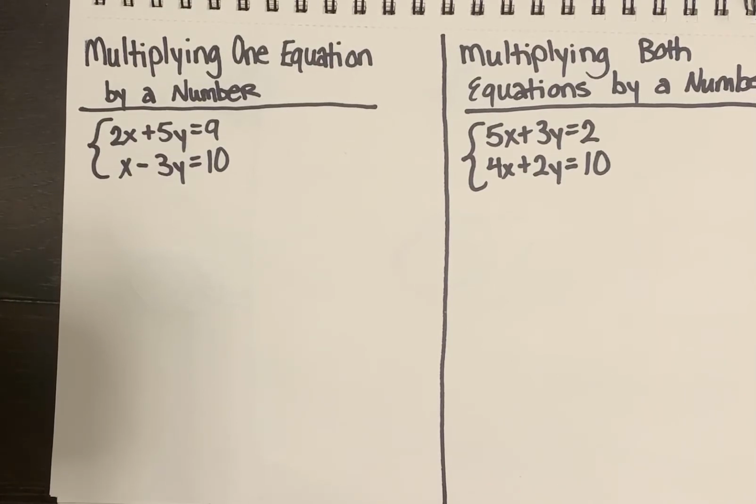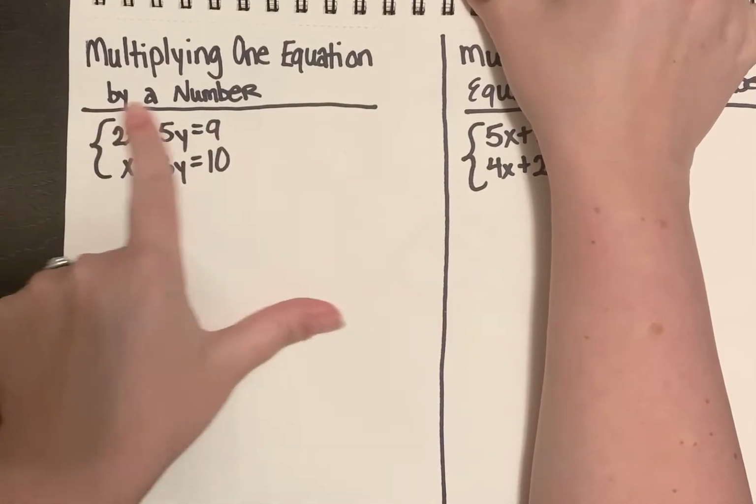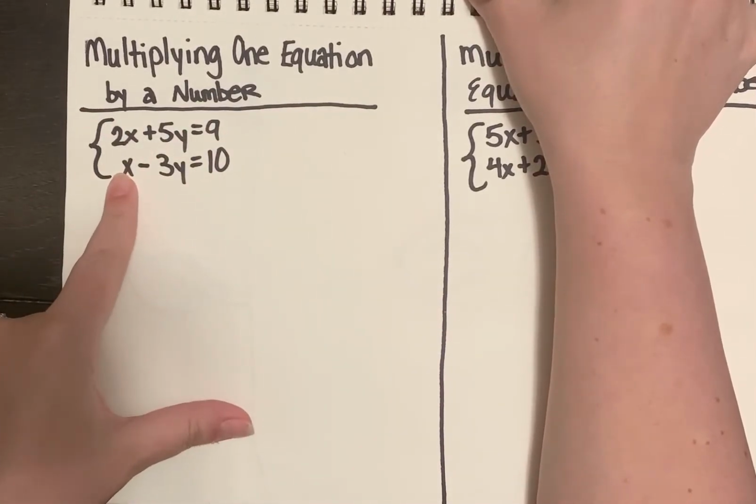You should look at them both really carefully and see which coefficients are maybe the easiest to eliminate. If you look at this one right here, multiplying one equation by a number, the easiest one to work with looks like x.